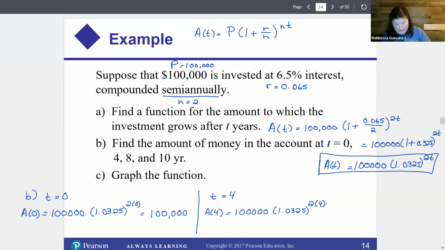Let me just make sure I have that in my calculator right. 1.0325 raised to the power of 2 times 4. What this is going to say is that after 4 years, I'm going to have $129,157, and if I round this, 75 cents, in this account.